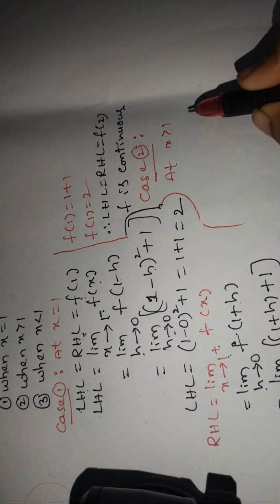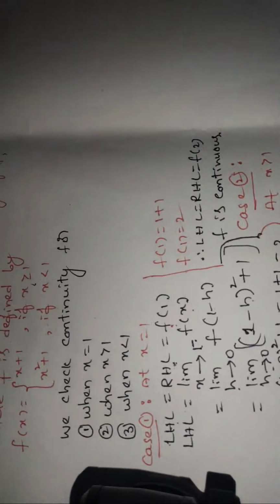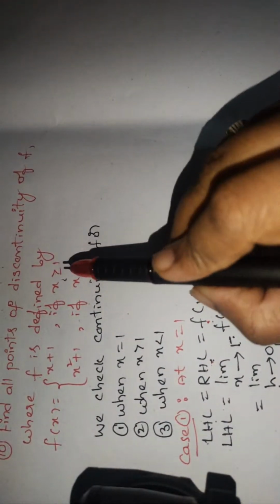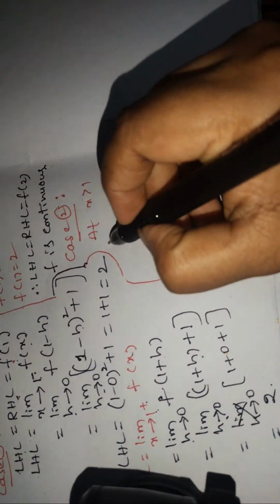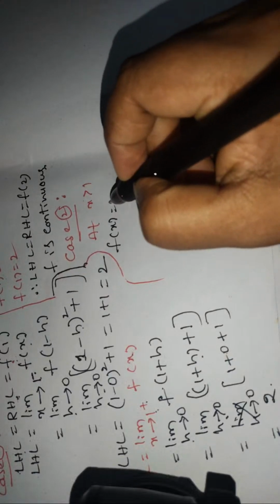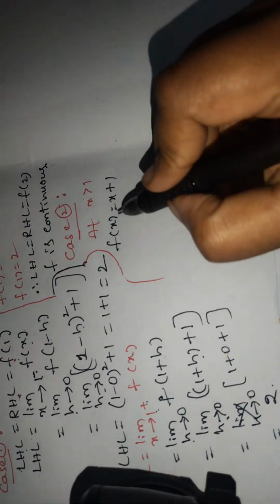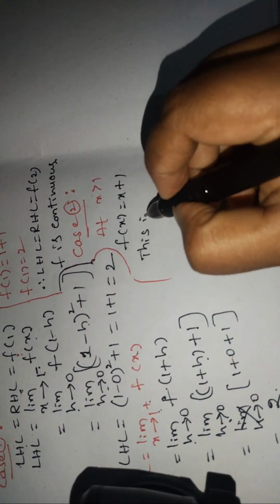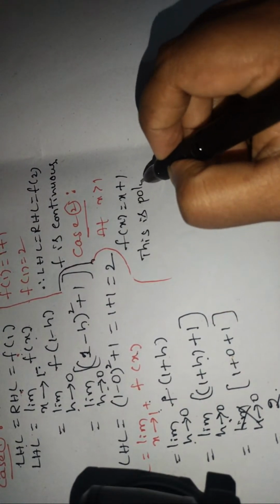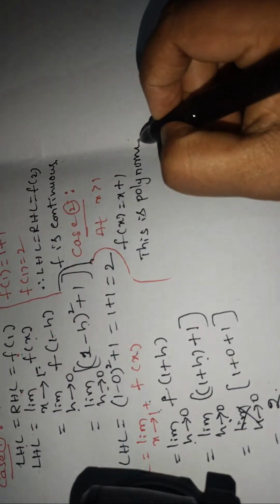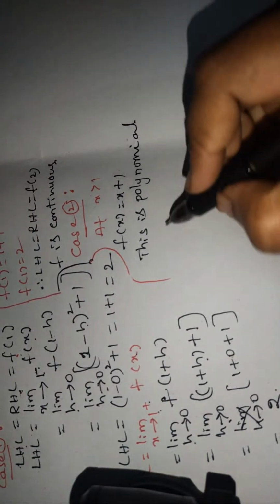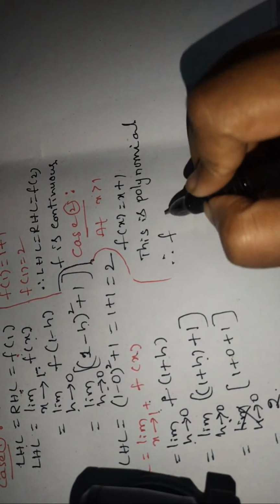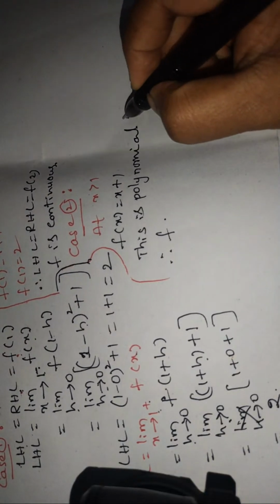When x is greater than 1, the function is x plus 1, so f of x equals x plus 1. It is a polynomial function. Therefore f is a polynomial function.